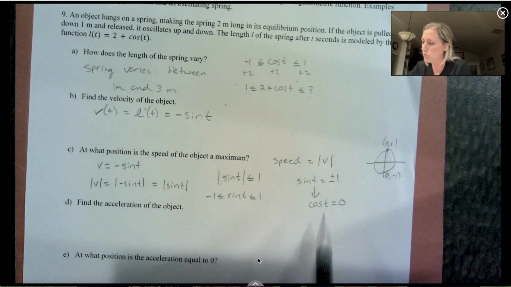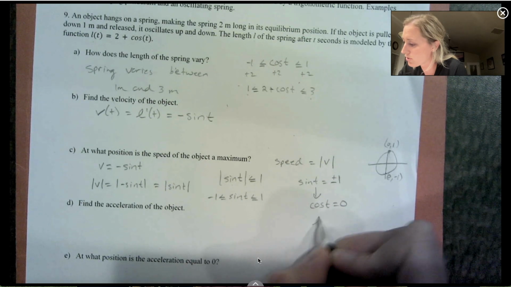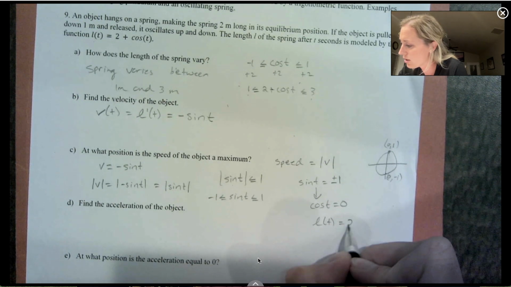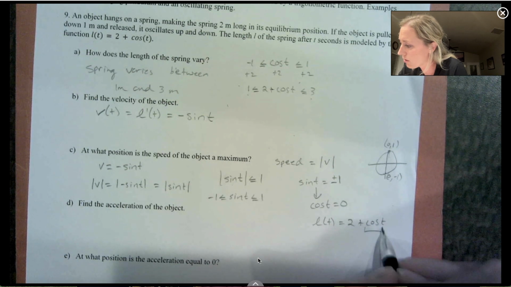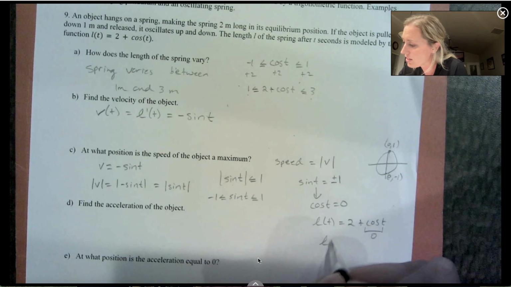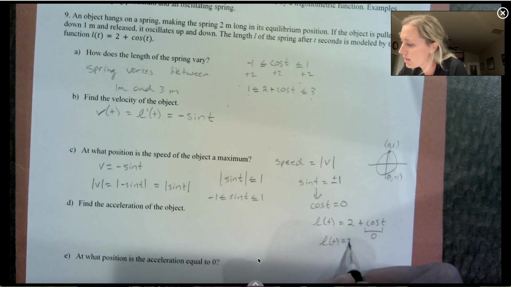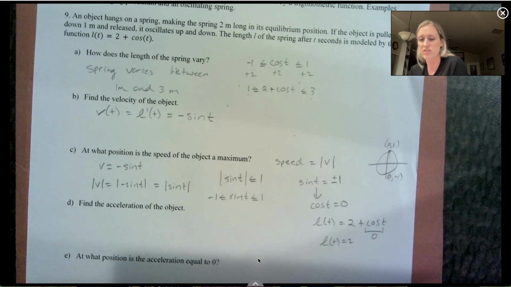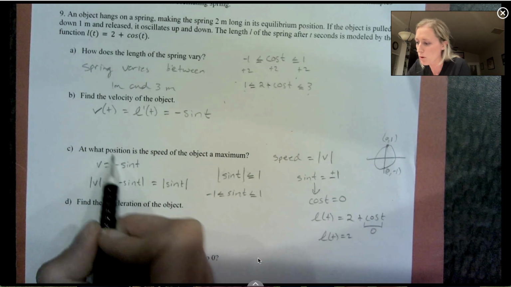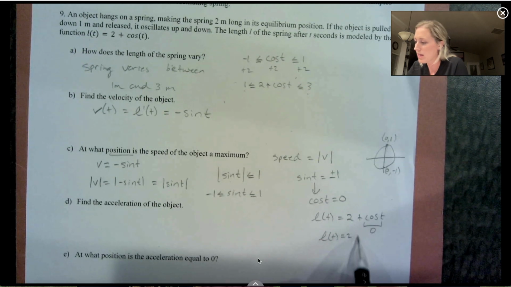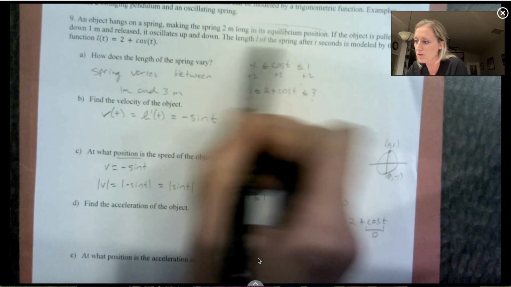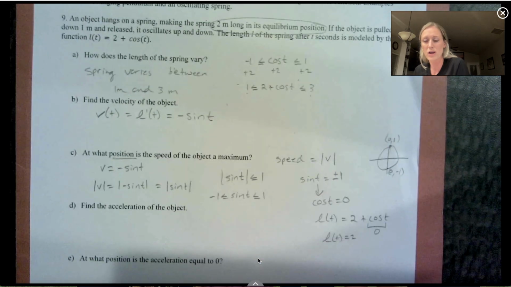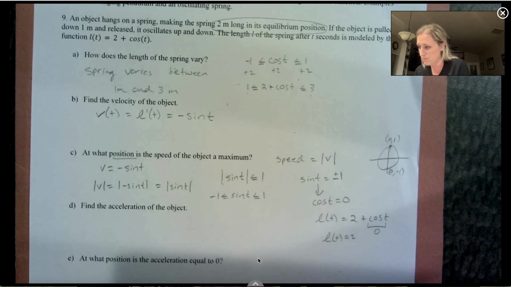So why is that helpful? Well, remember, cosine of t, here was my original function. If this part is 0, then L of t equals 2 is when my velocity is at its maximum. And they asked what position. So this would be at 2 meters, which remember, that's when it's in its equilibrium position. That's actually when the velocity is at its maximum.